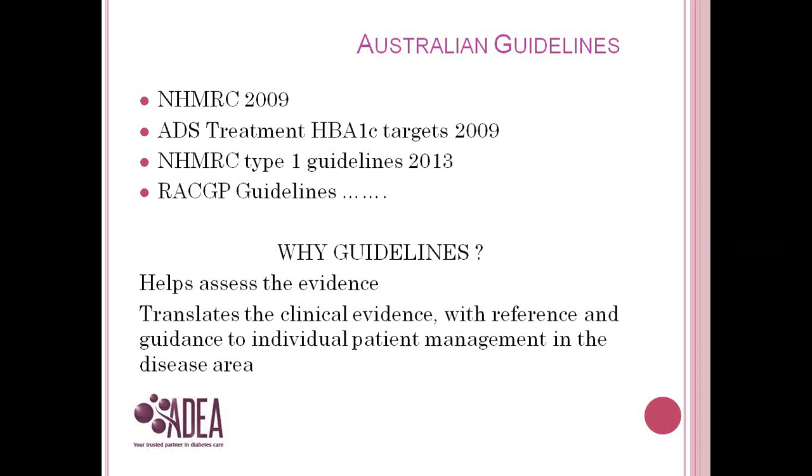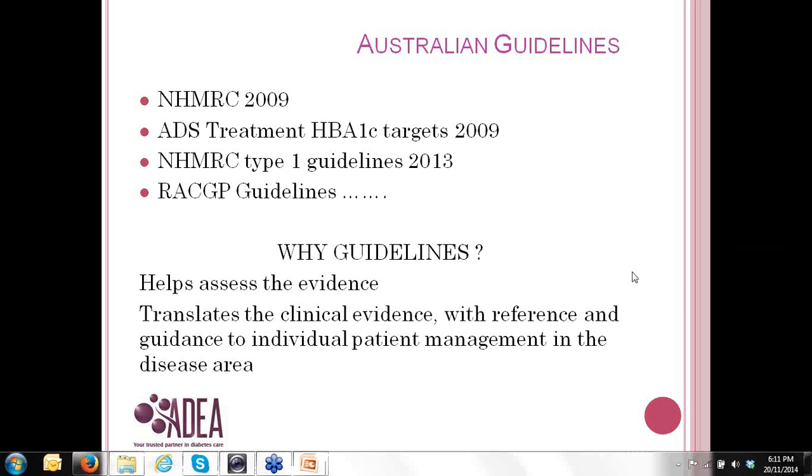Now, we all realise that the highest level of evidence, according to both guidelines and clinical practice guidelines, is recognised as the NHMRC. In the diabetes arena, the NHMRC guidelines exist from 2009, and therefore it's not saying that the information or data in those guidelines is irrelevant today.